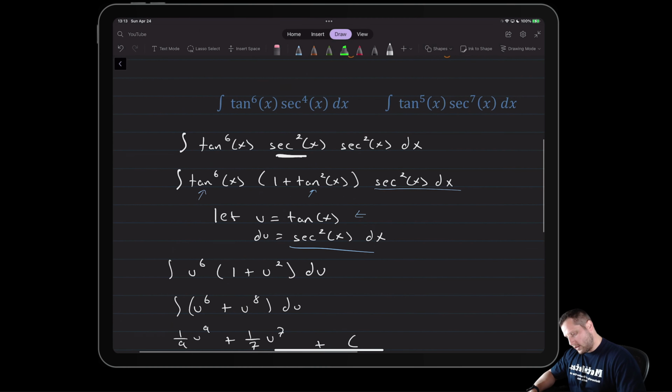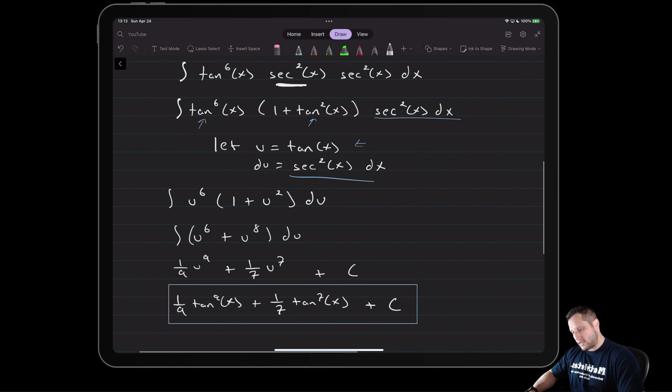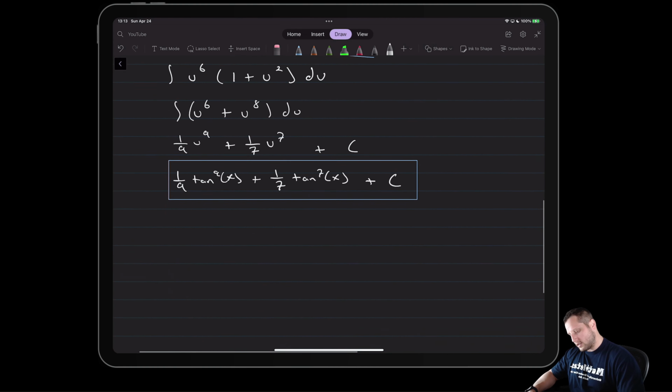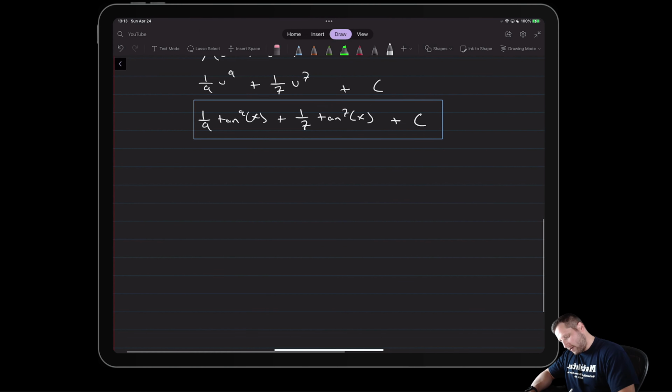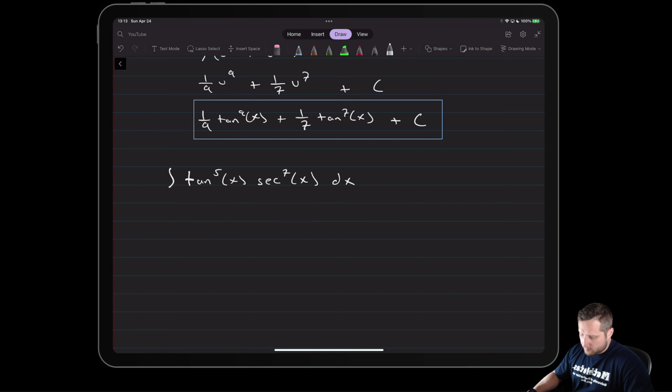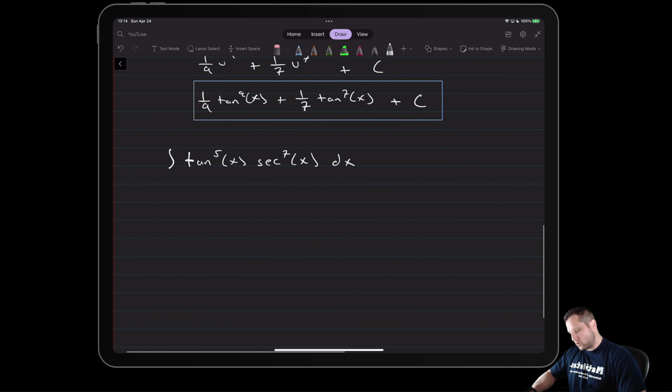Then the second integral is tangent. I'm going to rewrite it. So tangent to the 5th, secant to the 7th. So we have the integral of tangent to the 5th of x times secant to the 7th of x dx. Now for this one, we have an odd power here on our tangent. So what we want is a factor of secant x tangent x so we can make an appropriate u substitution.